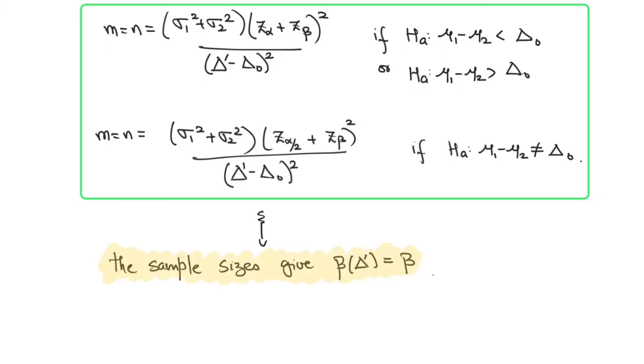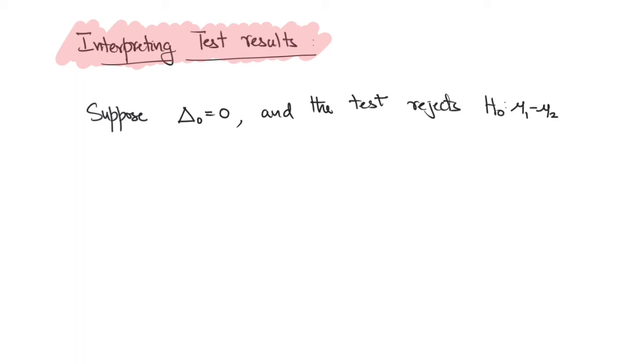We will finish up this video by talking about how we interpret test results. Suppose the null value equals 0 and that the test rejects the null hypothesis that the difference between the means is equal to 0.